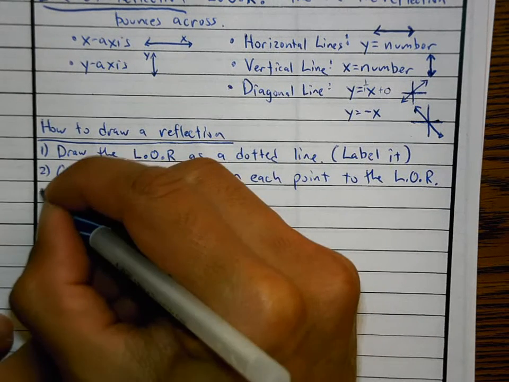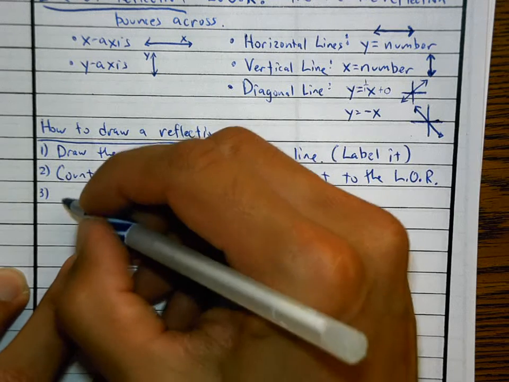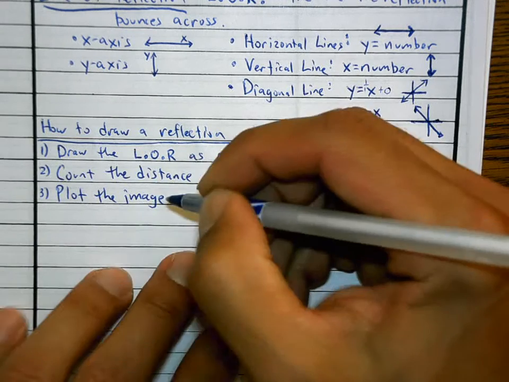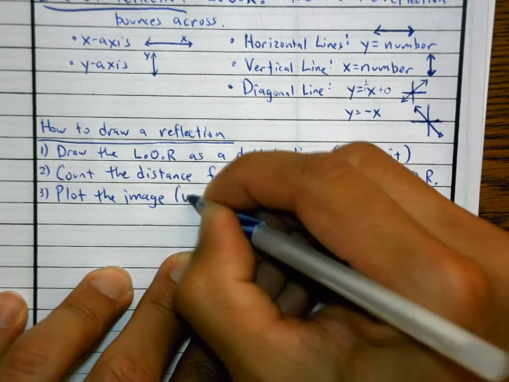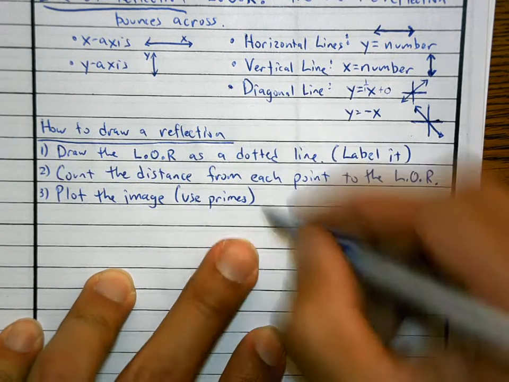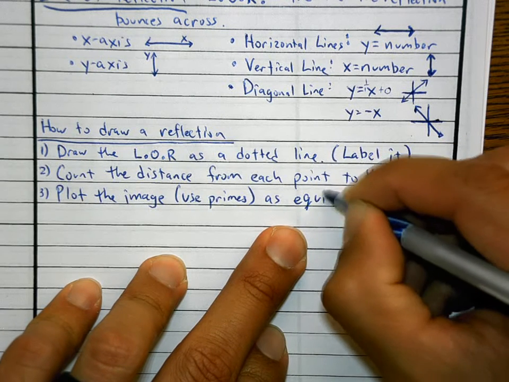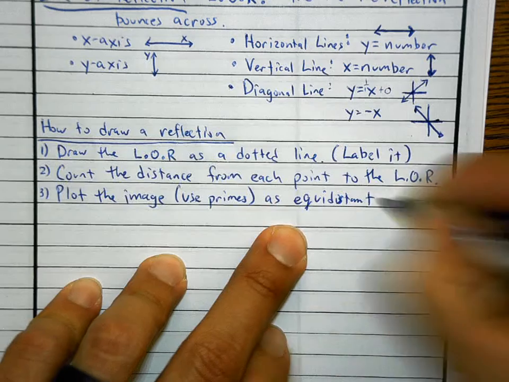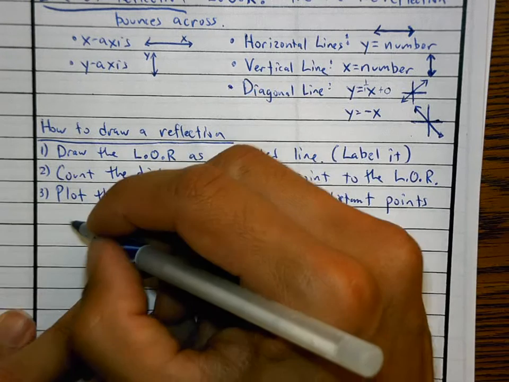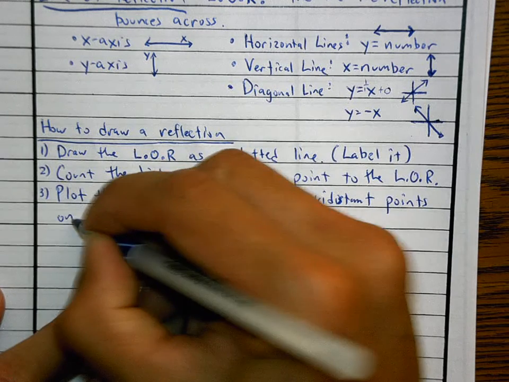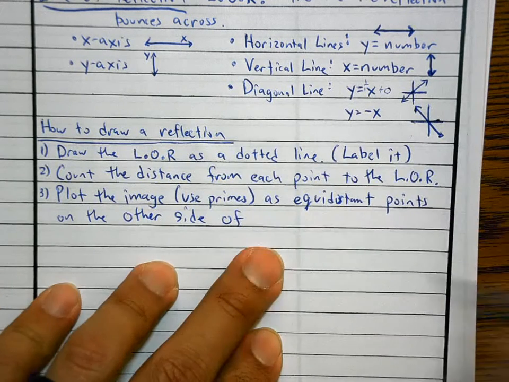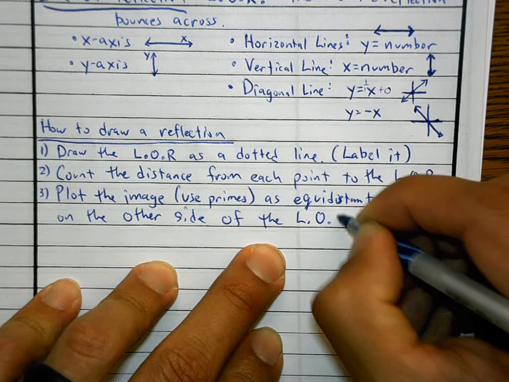The last thing we're going to do is plot the image using primes as equidistant points on the other side of the LOR.